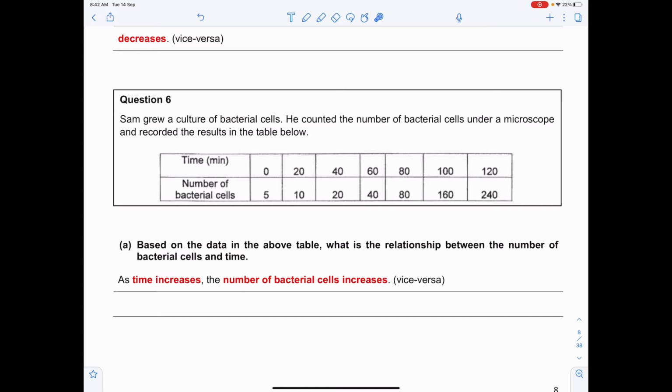Haziq used the setup below to find out how the type of bulbs affects the temperature of its surroundings. So based on the first part, I already know already. So type of bulb is actually your change variable, and temperature would be your measured variable, just based on the first line. Bulb R was lit up.